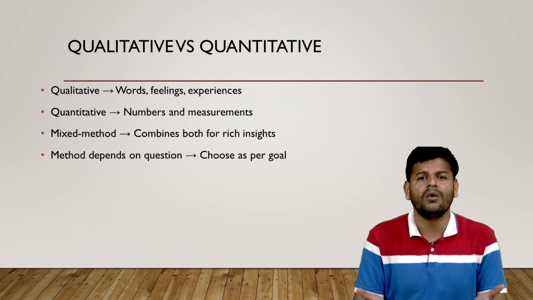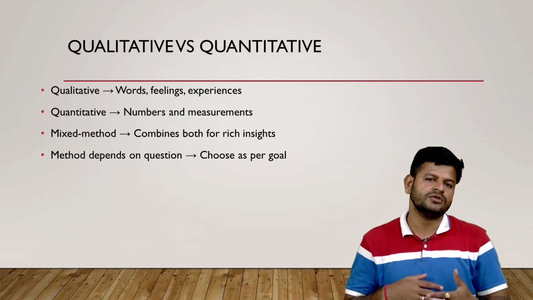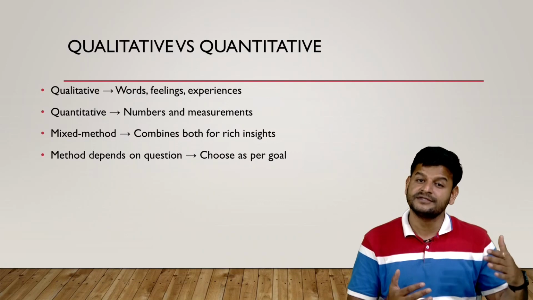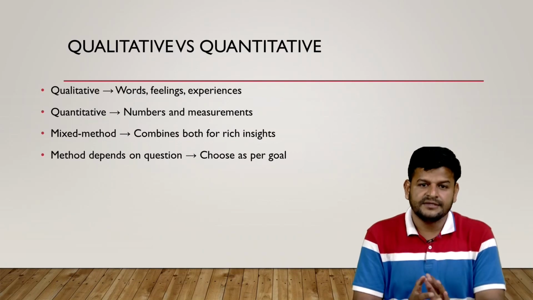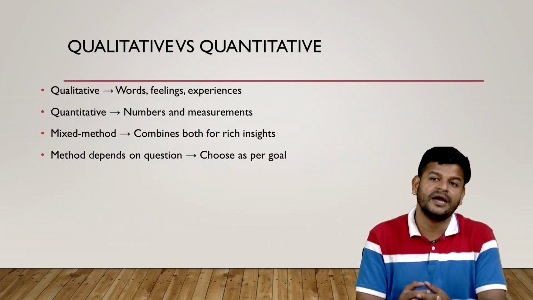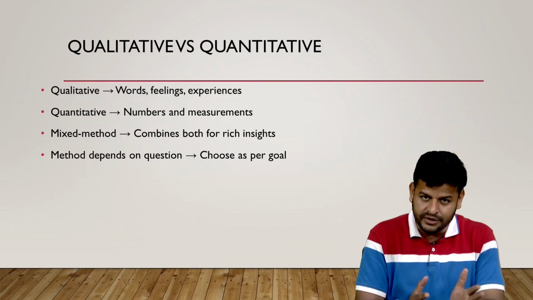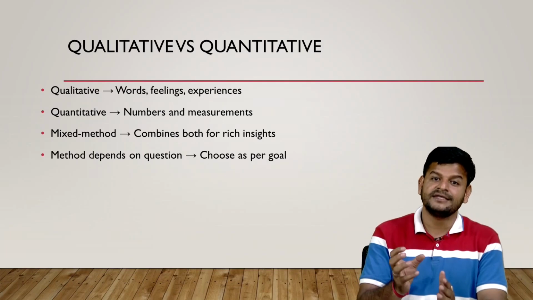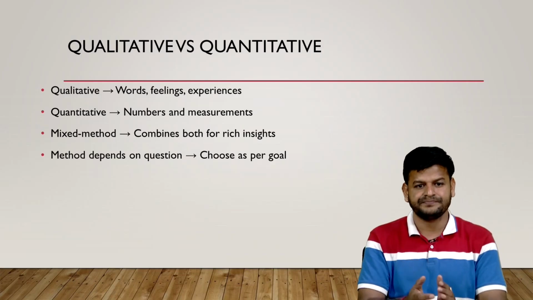No, it's not like that. So, qualitative as well as quantitative, both things are very important in research methodology too. Mixed methods combine both for rich insights, like many times we need to be qualitative and quantitative too, to get a good, combined result for a particular research problem.